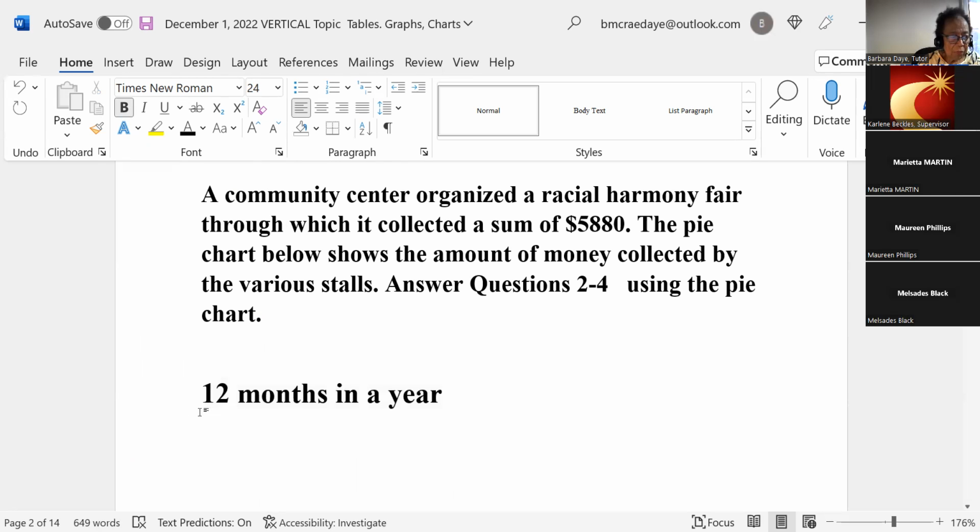And if you take 12 and divide by 3, what do you get? You get 4. So how many quarters in a year? 4 quarters in a year. So you have a first quarter, a second quarter, a third quarter, a fourth quarter.